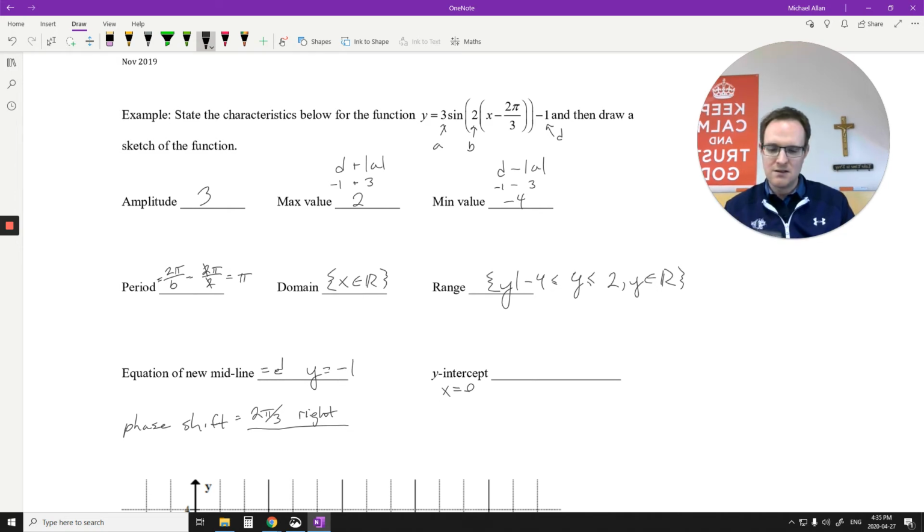So 3 times sine of 2 bracket 0 minus 2 pi over 3 bracket, minus 1. So I get a y-intercept of 1.598. There's more decimals to that, but that's essentially what it is.